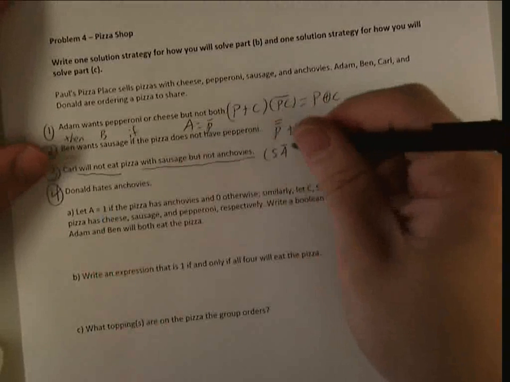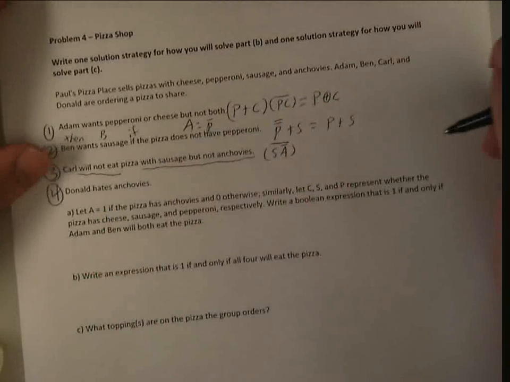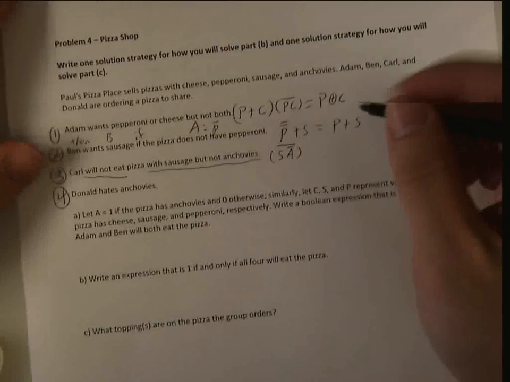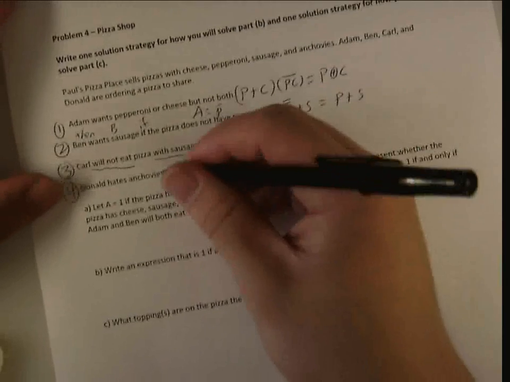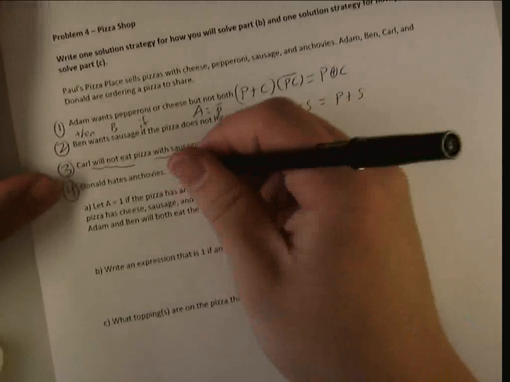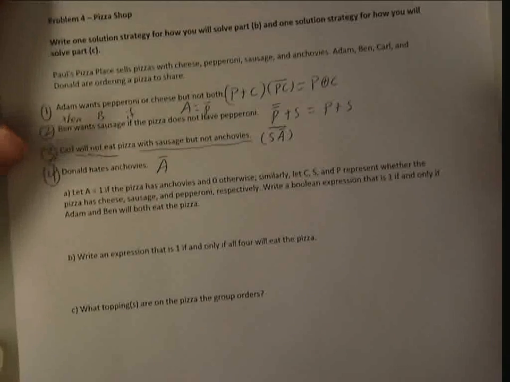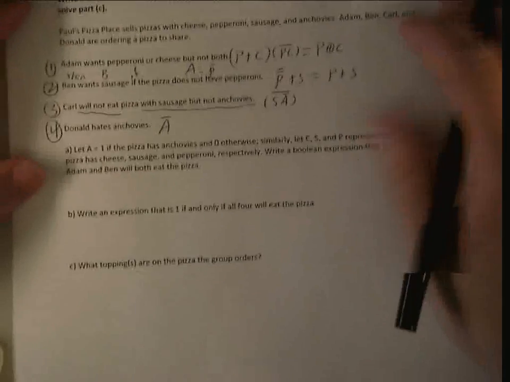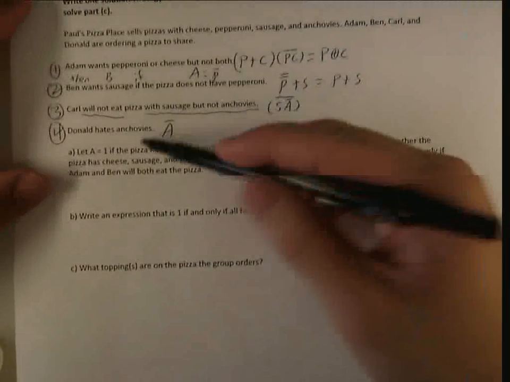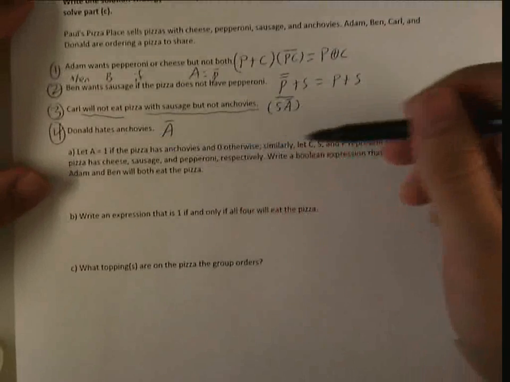And so we're going to have to complement that full expression. And then finally, we have Donald hates anchovies. Well, we're just going to assume that's A bar then. So that A equals 1 if the pizza has anchovies, 0 otherwise, and so on and so forth.